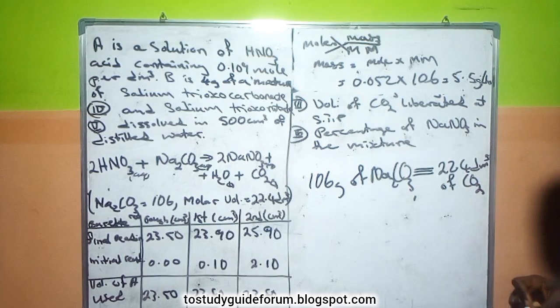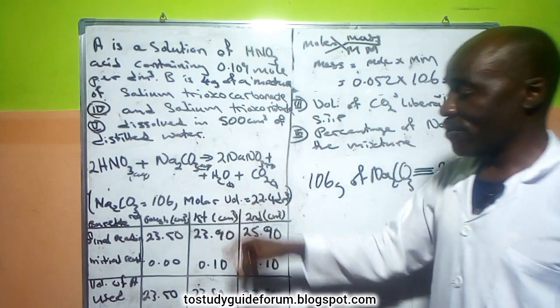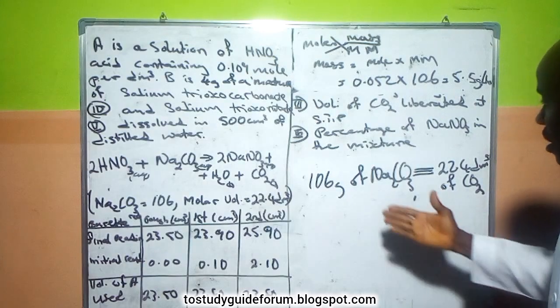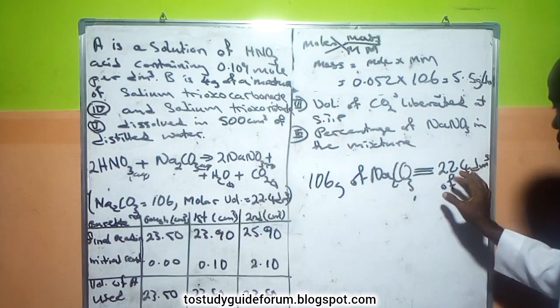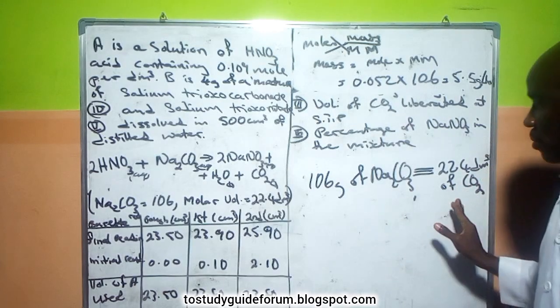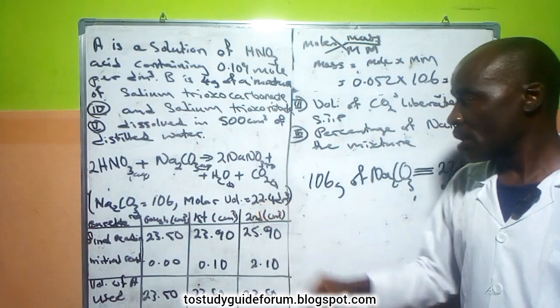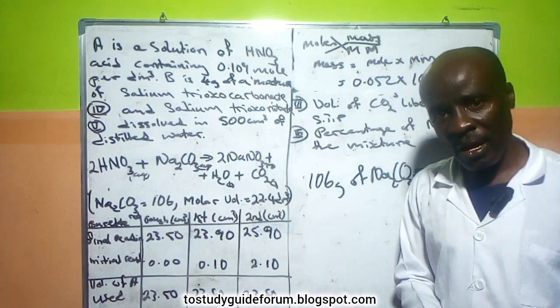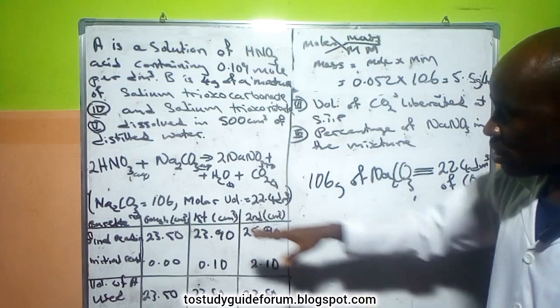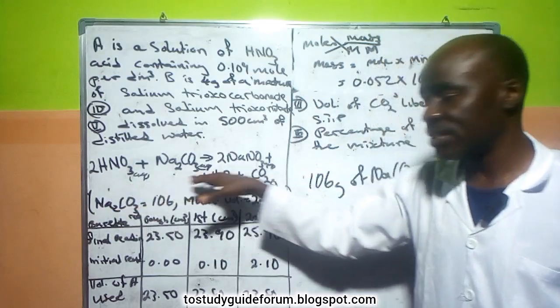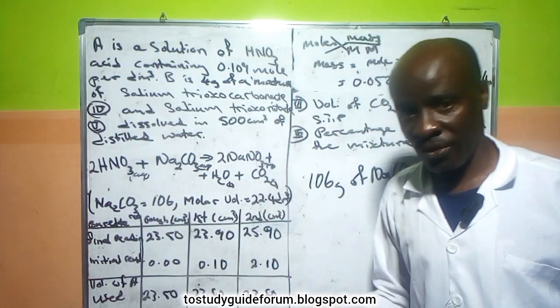Now we are given the molar volume, so you might ask, why am I using 22.4 dm cube? It is because every gas at STP contains this, and whatever you have in a balanced chemical equation gives you what happens in an ideal or standard environment.